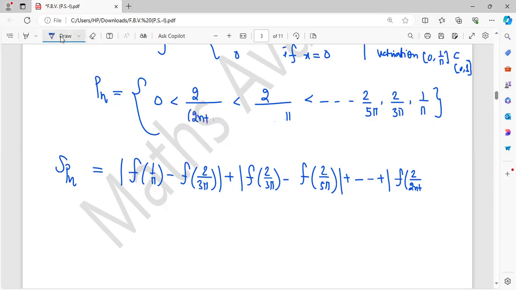2n plus 1 pi here, 2n minus 1 pi here. 2n minus 1 pi. Let me write it again.